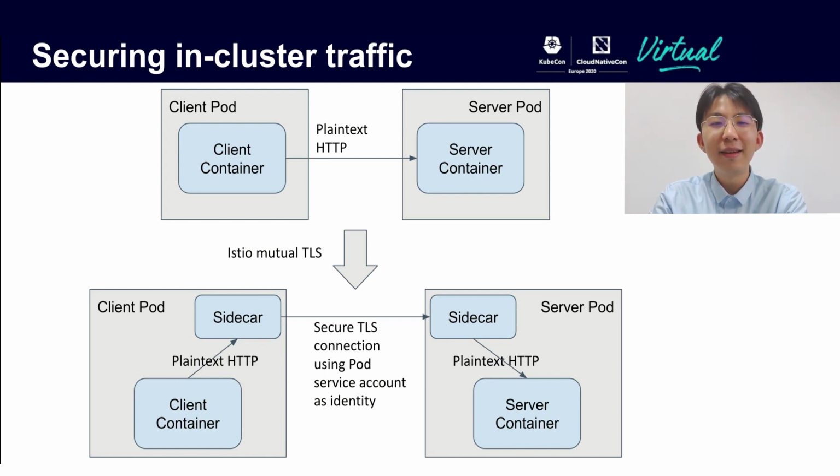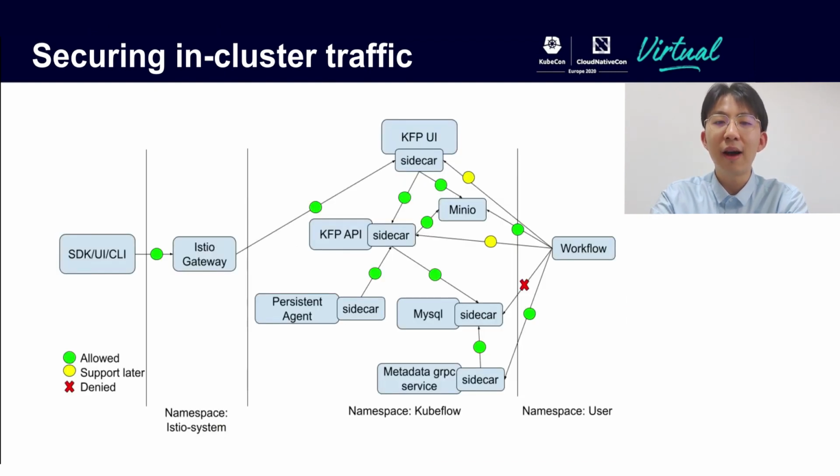Amazing, isn't that? So in addition to that, the server sidecar now knows the identity of clients talking to it. Therefore, we can configure some authorization rules like only allow requests from this namespace or from these service accounts.